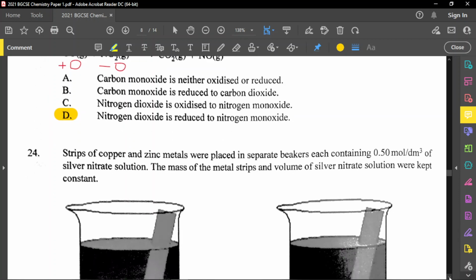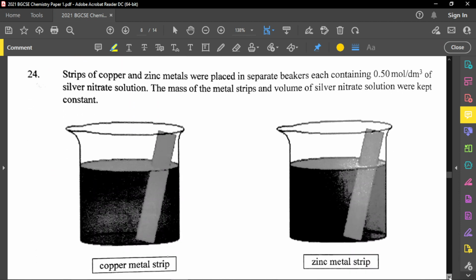All right. Here now it said 24. It says strips of copper and zinc metals were placed in separate beakers, each containing 0.5 moles per dm cube of silver nitrate solution. The mass of the metal strip and volume of silver nitrate solution were kept constant. So then you keep the mass of these things constant.